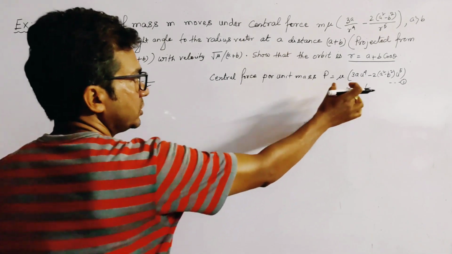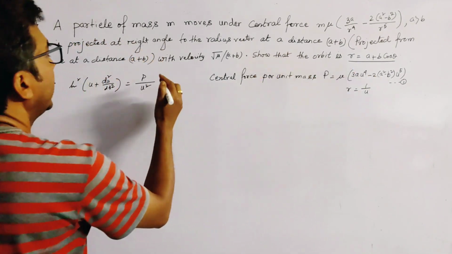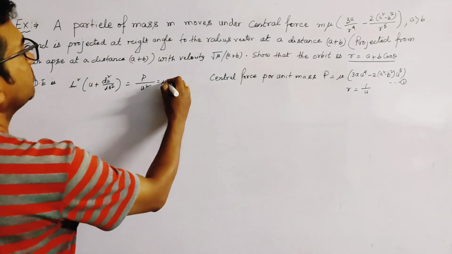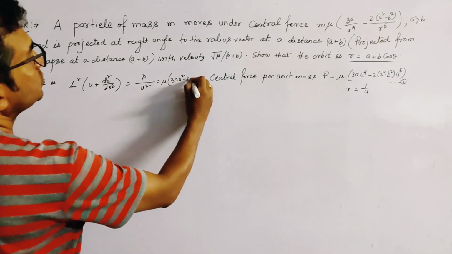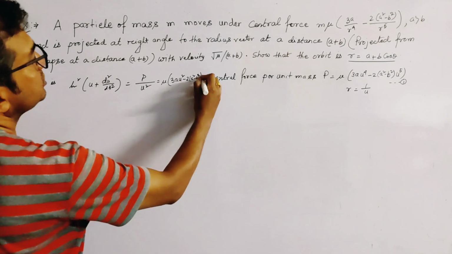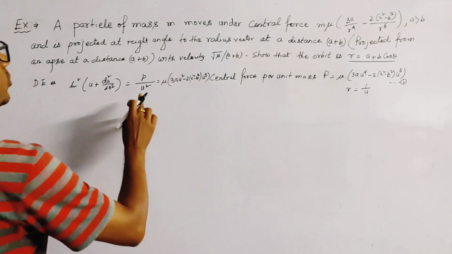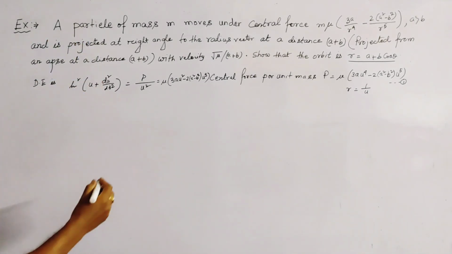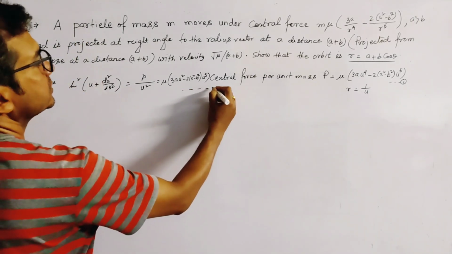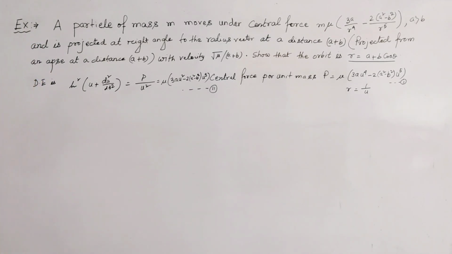Now put the value of P here and get the result as mu into 3a u square minus 2 into a square minus b square into u cube. We cancel out u square and u square, and this is named as equation number 2.